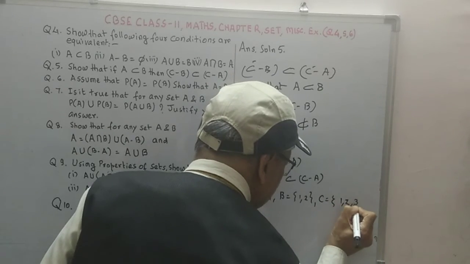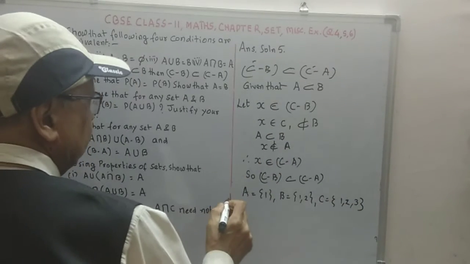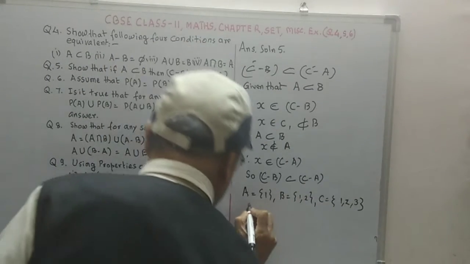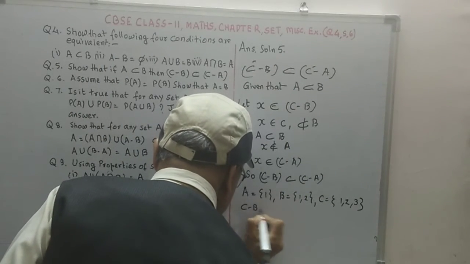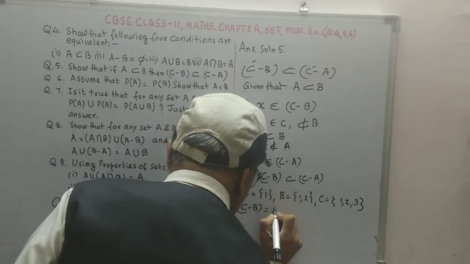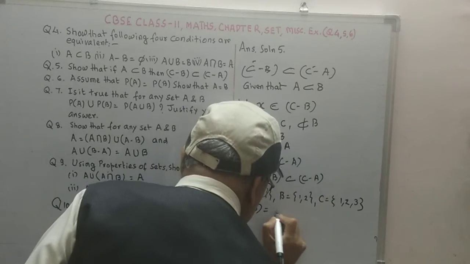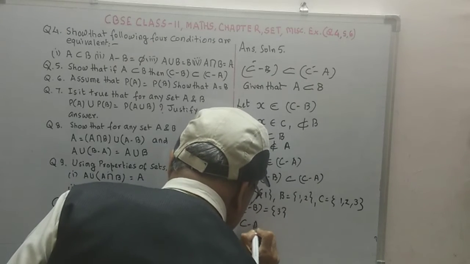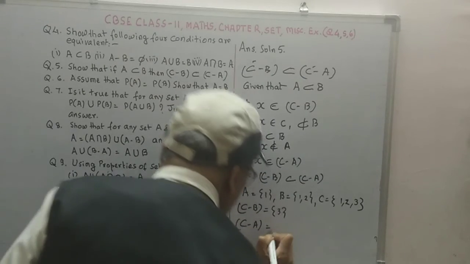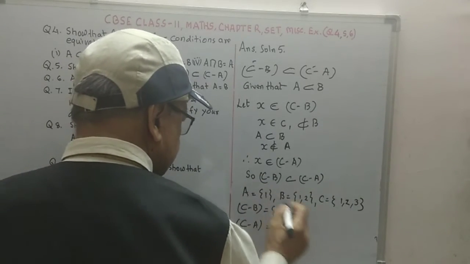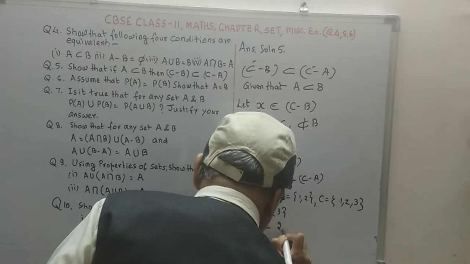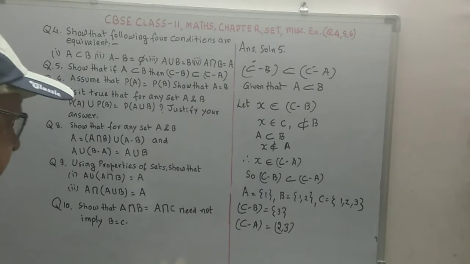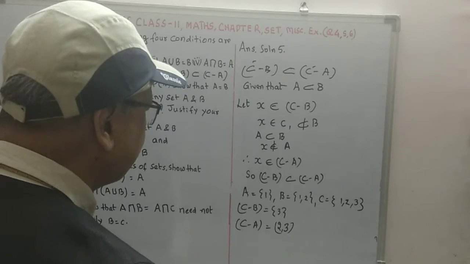Now if you see, C minus B will be 3, and then C minus A will be 2, 3. Now you can very well see C minus B is a subset of C minus A.